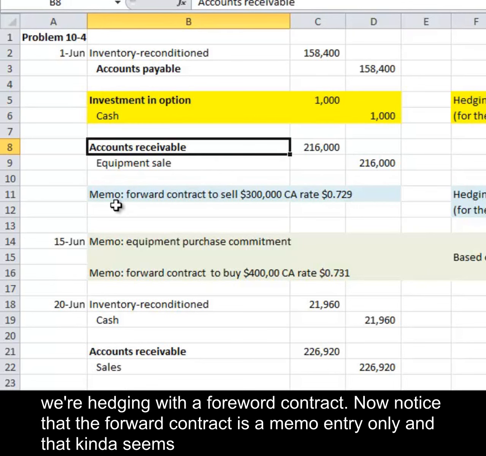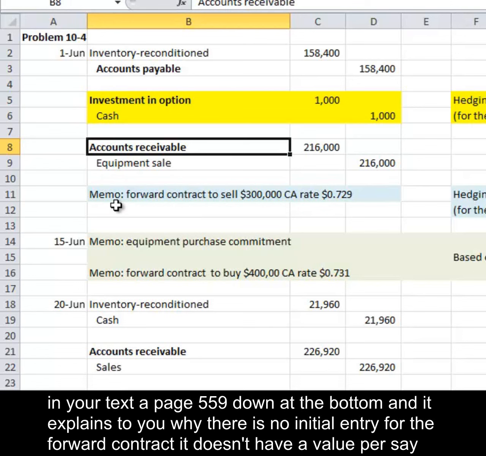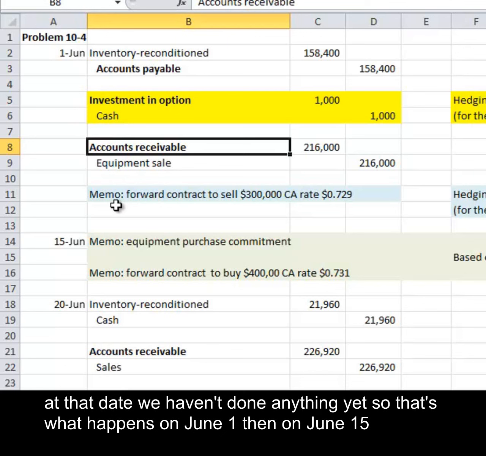Now notice that the forward contract is a memo entry only, and that kind of seems strange. We want to record something for the forward contract, but if you go in your text to page 559, down at the bottom, it explains to you why there is no initial entry for the forward contract, because it doesn't have a value per se at that date. We haven't done anything yet. So that's what happens on June 1st.